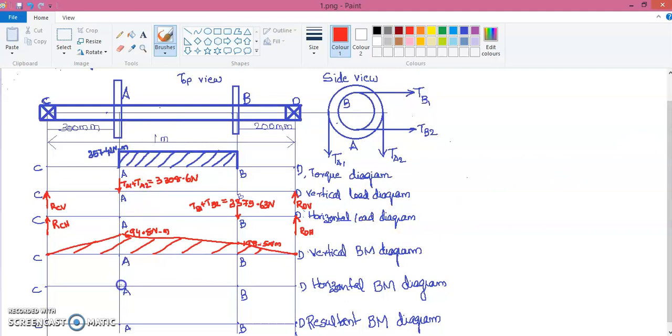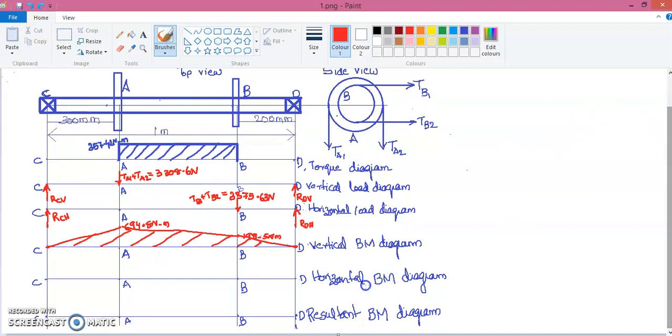Here at point A, I am having the moment as 297.84, proportionately, I'll mark a point here.